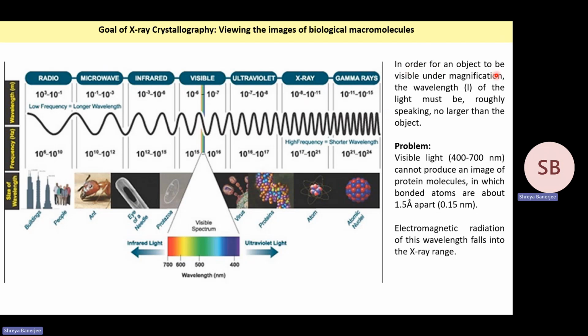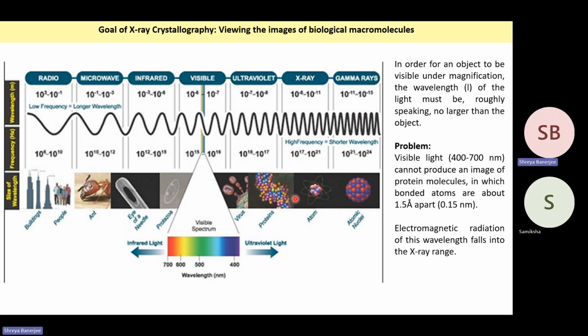So in order for an object to be visible under magnification, the wavelength of the light must be, roughly speaking, no larger than the object. So the problem is that visible light, as you can see here, has a much greater wavelength than the dimensions of the atom.